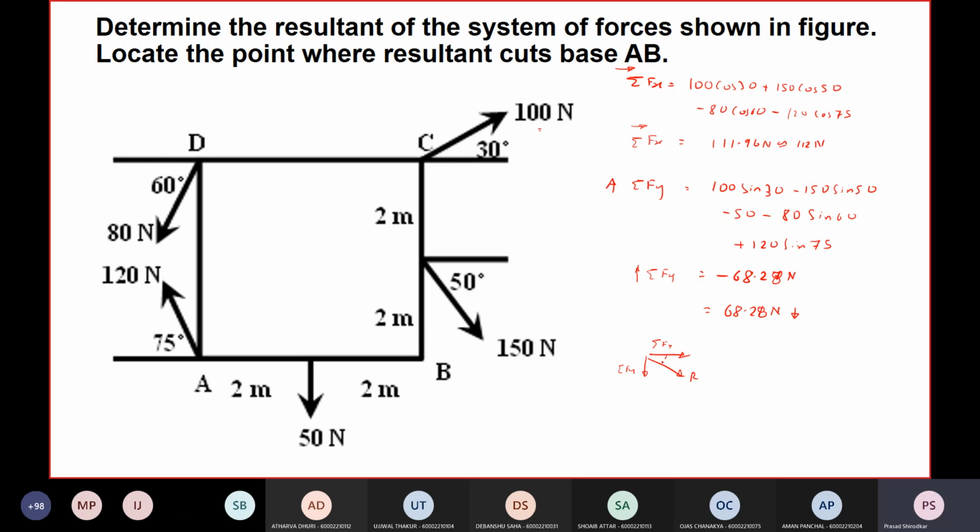Okay, so this is the R and this is angle theta. So calculate R is equal to square root of summation Fx square plus summation Fy square, and calculate theta, tan inverse.